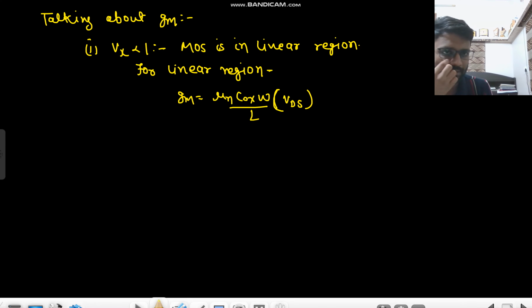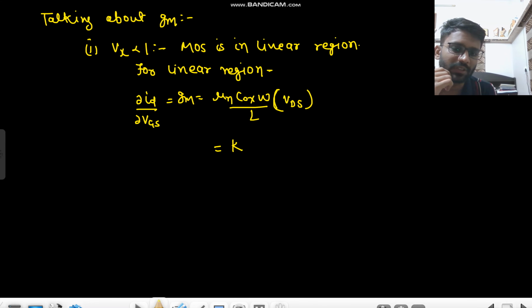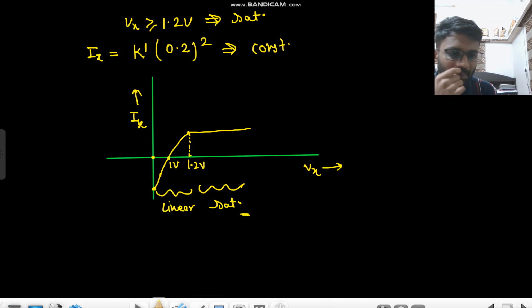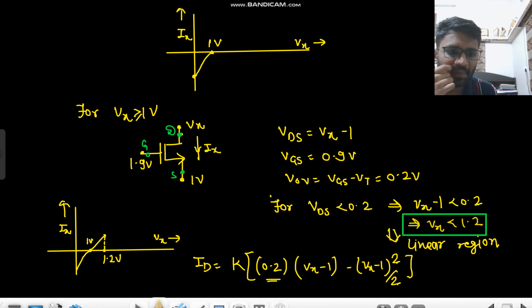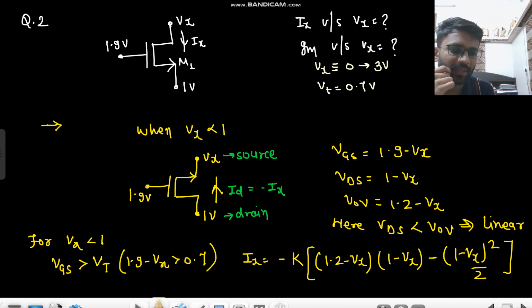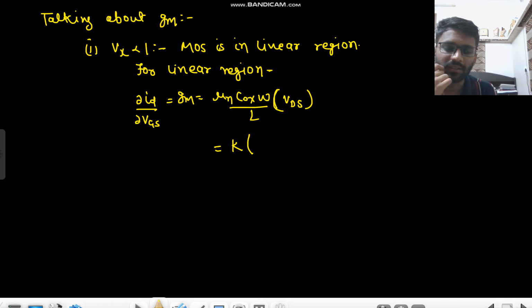It is VDS because we need to do del ID upon del VGS. Now mu n Cox is some constant. What is your VDS now? It is 1 minus Vx.